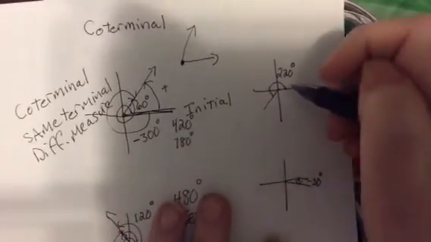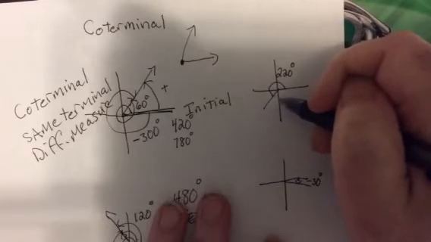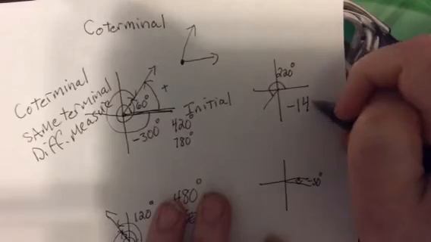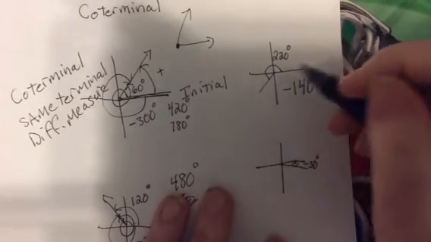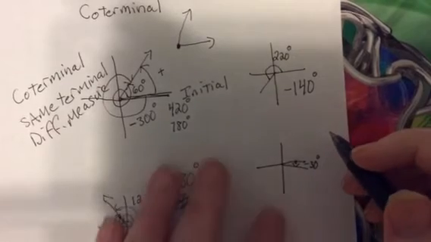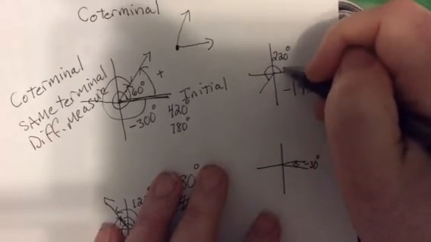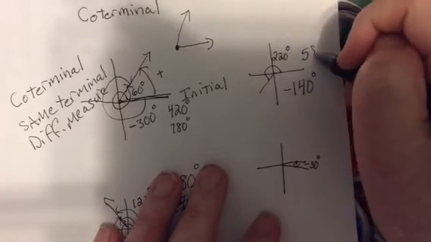Okay, so 220, so we're a negative 140. We're 140 degrees to make the full circle, so it'd be negative 140. Now, if you get tired, you could go negative 360 plus a negative 140 is negative 500. And then you could go 360 plus 220 more would be 580.